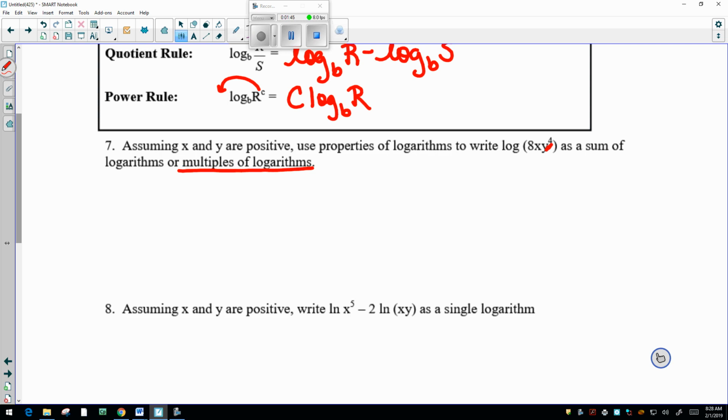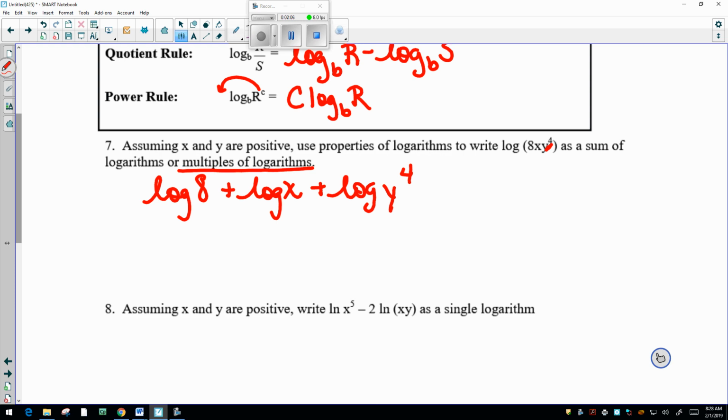Everything is being multiplied, so we expand multiplications through addition. And it's a log base 10, so you don't have to write 10. You can, but I'm not going to. So we have log of 8. Now I'm going to expand with addition, plus log of x, expand with addition, plus log of y to the 4th.